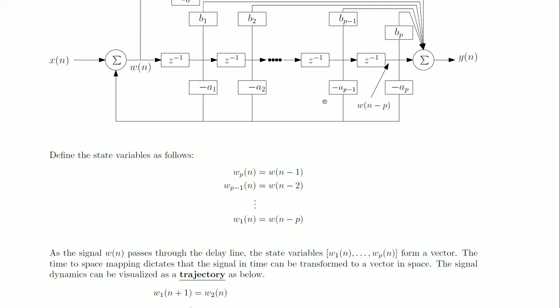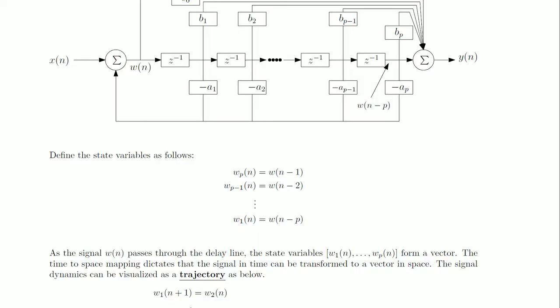This is a very important concept because a signal through a delay line can be transformed to a vector in a space. So, the conventional notion of what we think about as patterns in space can now be thought of using signals through a tapped delay line, right.